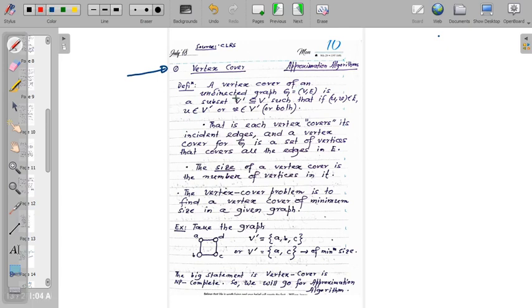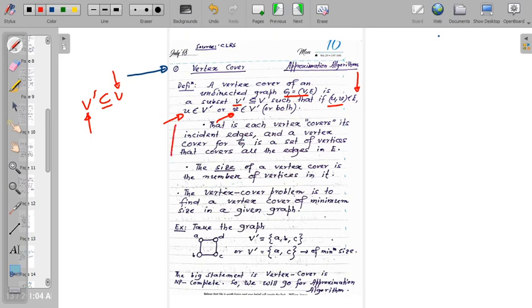A vertex cover of an undirected graph G is a subset of vertices V prime of the original graph consisting of V vertices, such that if (u, v) belongs to the edge set E, then u belongs to V prime, or v belongs to V prime, or both belong to V prime.